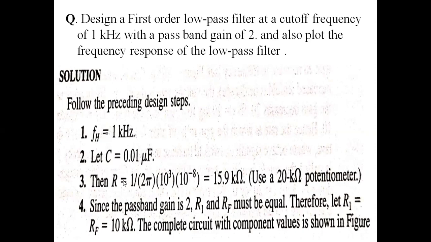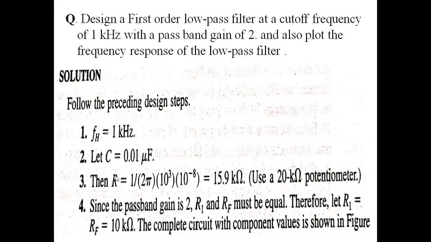As you know, the frequency is given by the equation f is equal to 1 over 2 pi R into C. Therefore, in order to find the value of R, R is equal to 1 over 2 pi f into C. So the value of R will be 1 over 2 pi into fh, the higher cutoff frequency, 1 kilohertz, that is 10 to the power 3, and the C value is 0.01 microfarad, that can be written as 10 to the power minus 8.